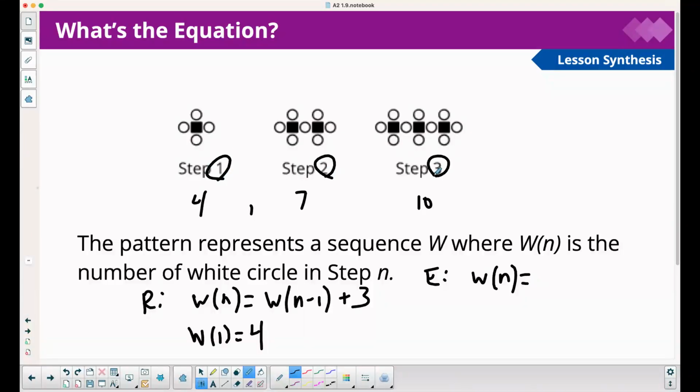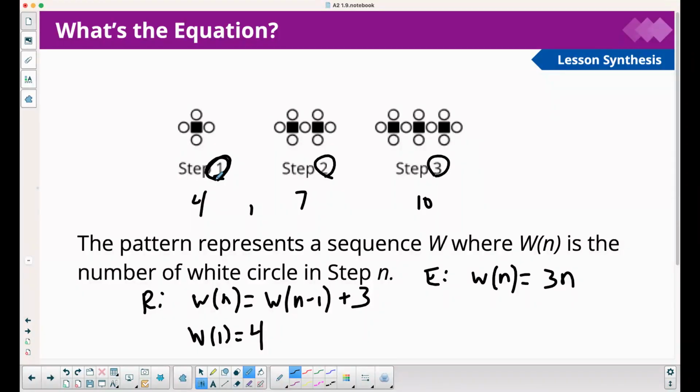Okay, so what we need to do is we need to somehow take a look at this and see if we can figure out a way to come up with that. Now, you keep adding multiples of 3, okay? So think about it, 3 times n, would that work? Well, no, because if this first step I plug in 1, that's not going to work.